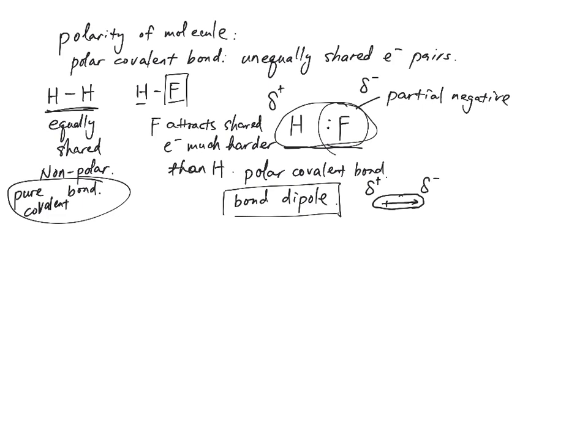The tail end looks like a positive sign, so it's pointing to the partial positive end, and the arrow is pointing to the partial negative end.